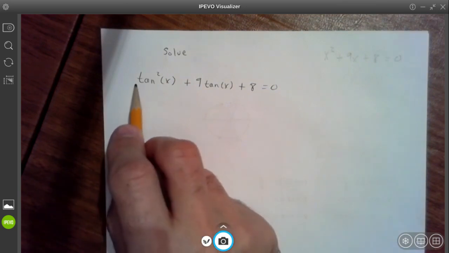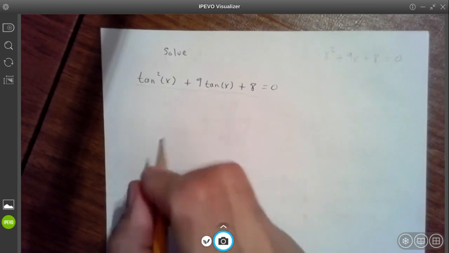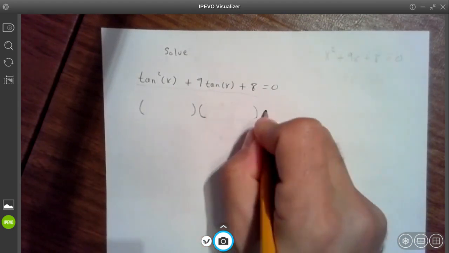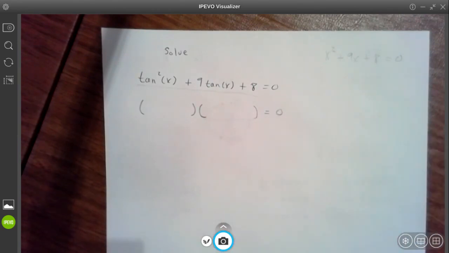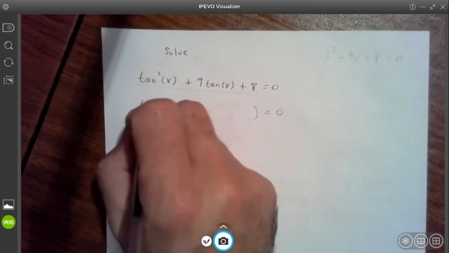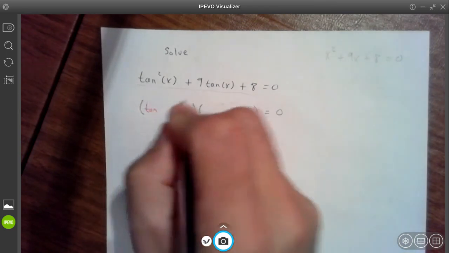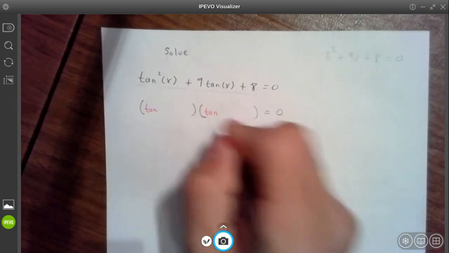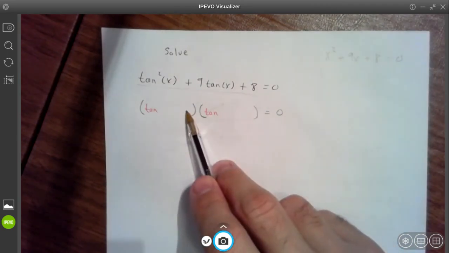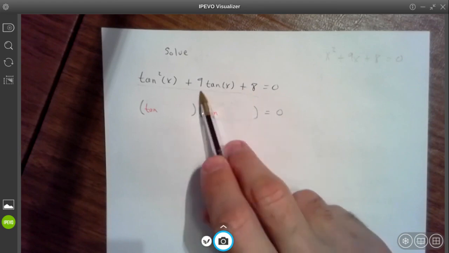So I'm going to rewrite this left-hand side in factored form. It's not too crazy. I know that these two terms are going to have to multiply to give me tan squared, so that's going to be tangent of x, and then these two numbers need to multiply to give me 8, but also add up to 9.